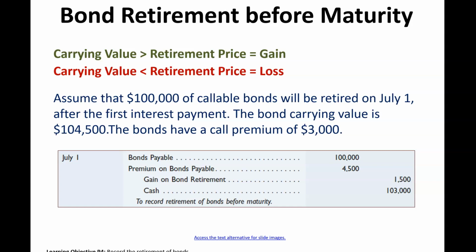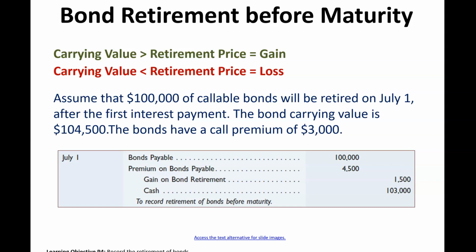And what they mean by callable bond is someone can invest in a callable bond or a non-callable bond. A non-callable bond means they have to keep it until maturity. A callable bond means anytime after a certain date, they can call the bond and bring it to maturity early.